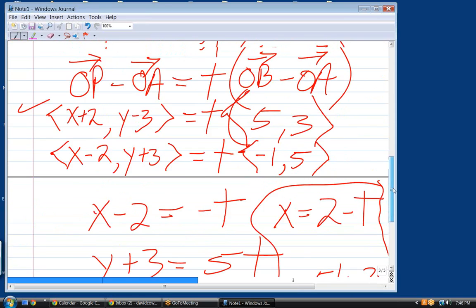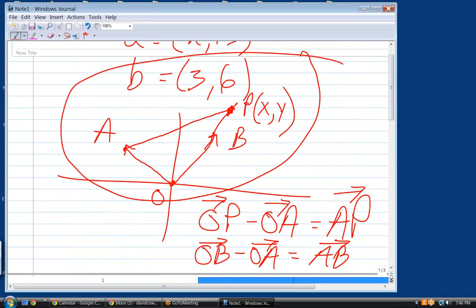And that's because on my original picture, this P can be anywhere. I could have made the P way up here. I could have made it 100 miles further along that vector. And it doesn't matter. The concept is kind of the same here.